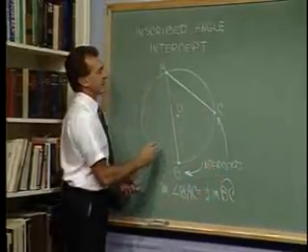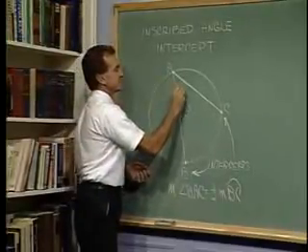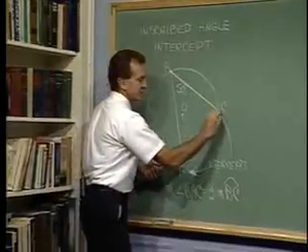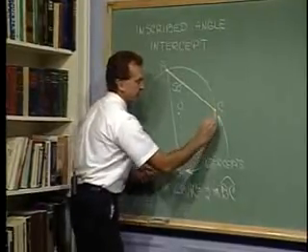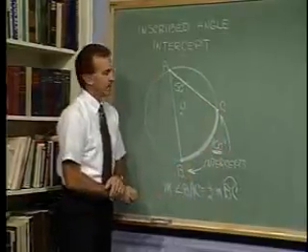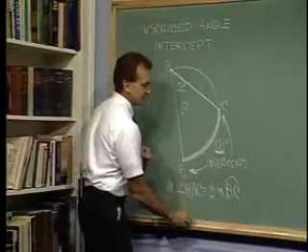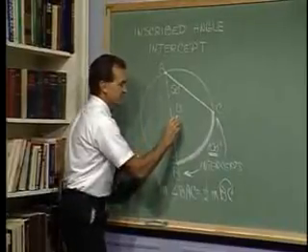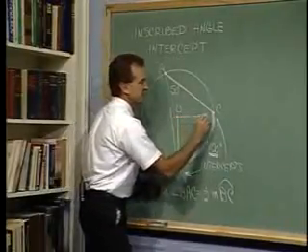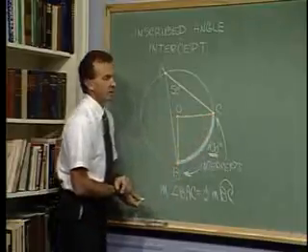So, for example, if this angle up here, let's say, is 50 degrees, then according to this theorem, the measure of this intercepted arc around here would be 100 arc degrees. Now, compare that to a central angle cutting off the same arc. What if this central angle we talked about in the previous lesson cut off the very same arc?